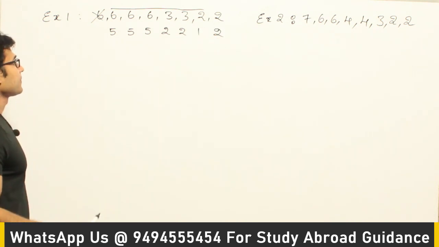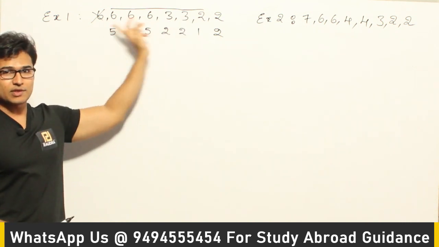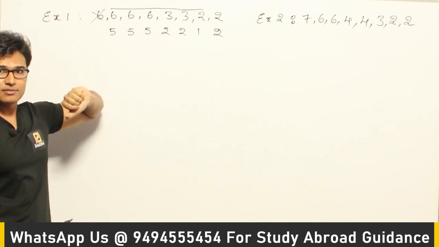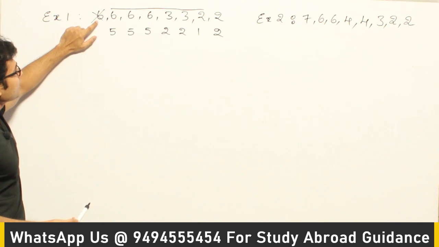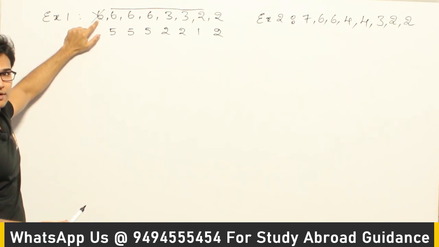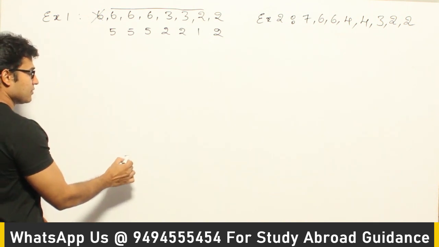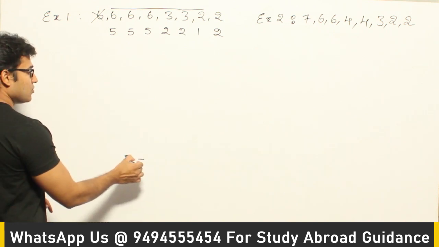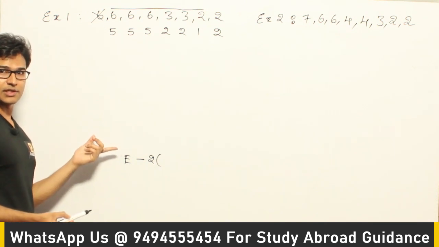Now this will become 5, 5, 5, 2, 2, 1 and then 2, right? One more thing: initially when the sum of all degrees is even, then even after deleting a vertex you are going to get an even sum only. Why? The total sum is even, right? When you delete a vertex, you are going to delete twice its degree, isn't it?